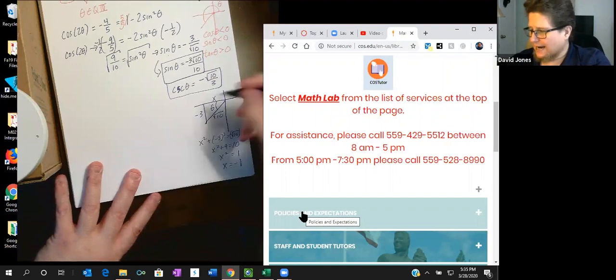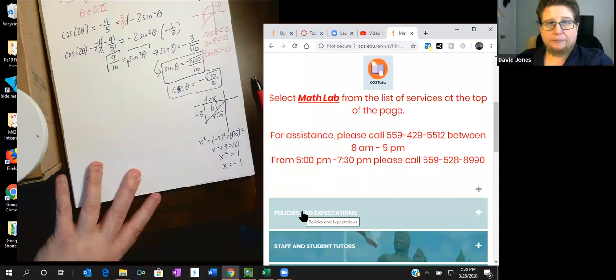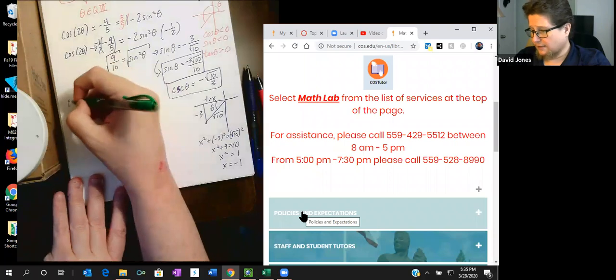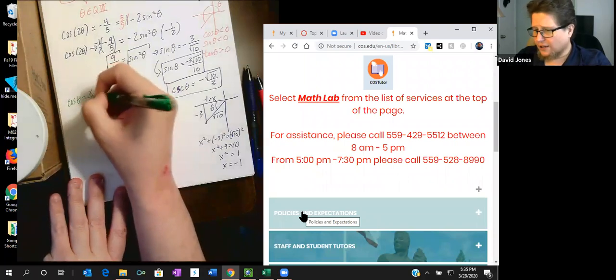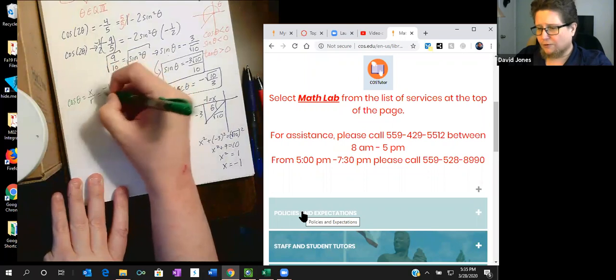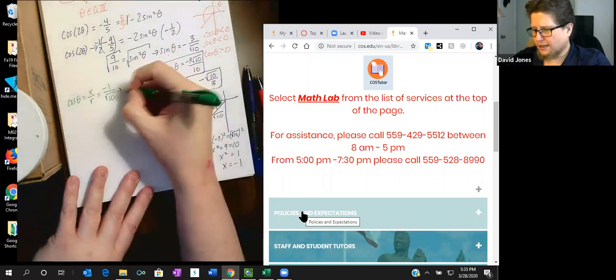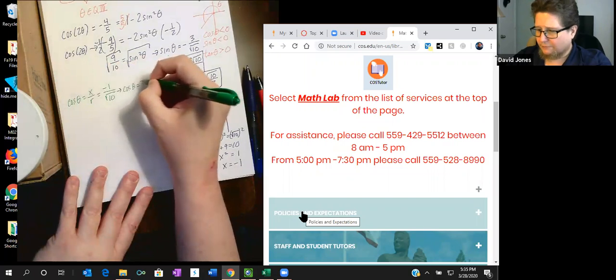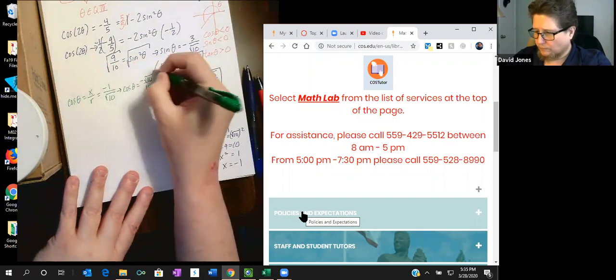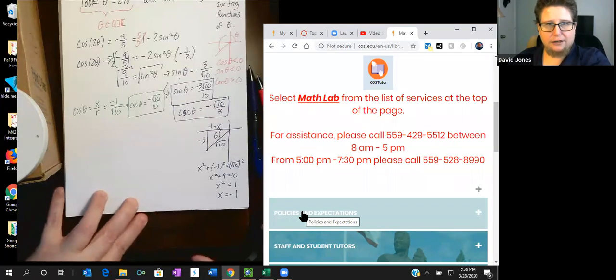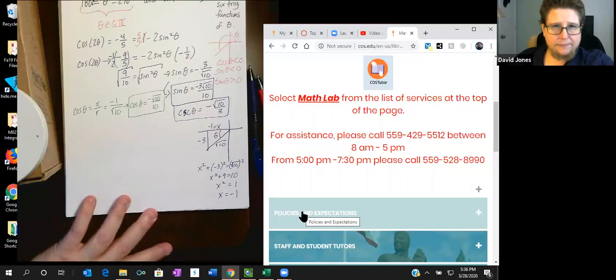And now that we've got that, we can use our picture to find the other 2. Or the other 4. So cosine of theta is x over r, which is -1 over √10. So cosine theta is -√10 over 10. Oh, my picture's getting all rotated, but my bad. I need better lighting in here.